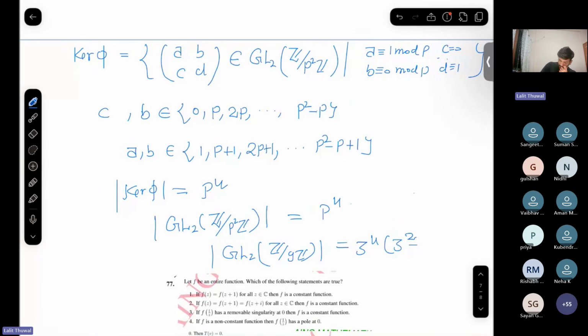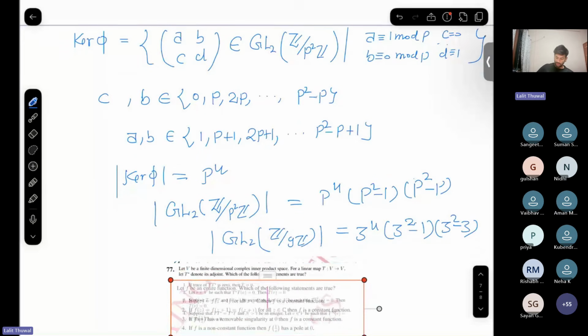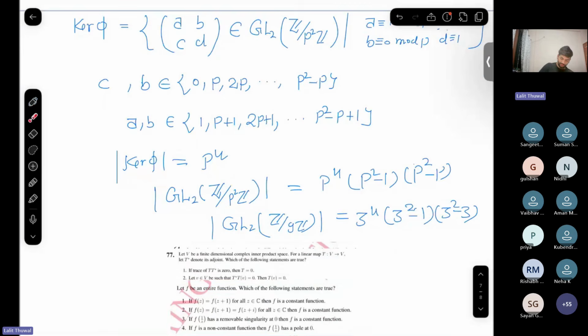So for GL2 over Z_P squared, it is P squared minus 1, P squared minus P. So the answer will be 3 to the power 4, 3 squared minus 1, 3 squared minus 3. Now you can check whether it's divisible by what or not. In general, the order will be this.